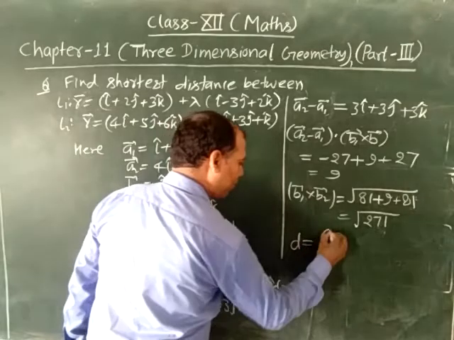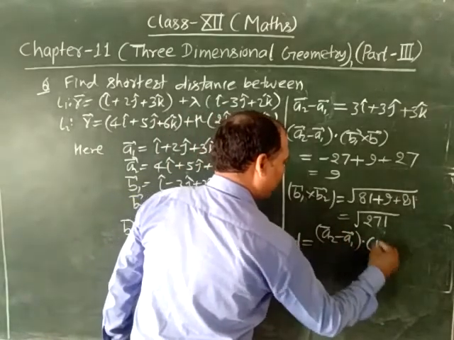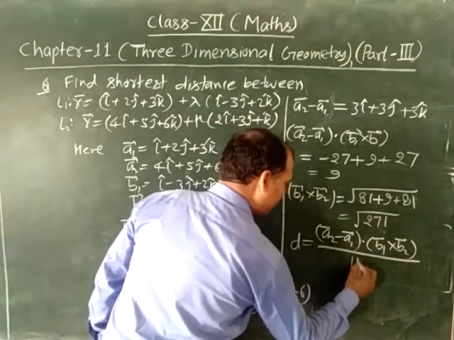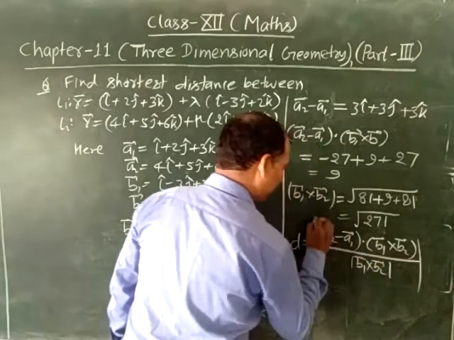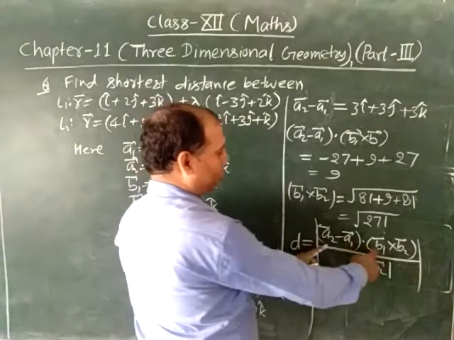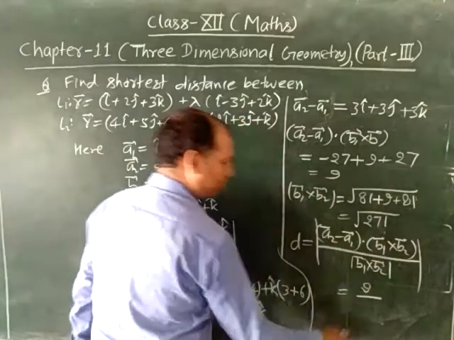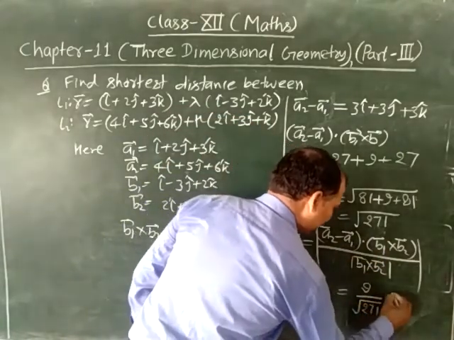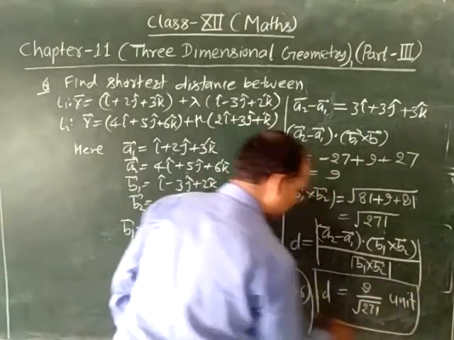Now D equal to modulus of a2 minus a1 dot b1 cross b2 divided by modulus of b1 cross b2. The value of this is calculated here as 9, and the value of modulus b1 cross b2 is under root 171. This is the shortest distance between two skew lines.